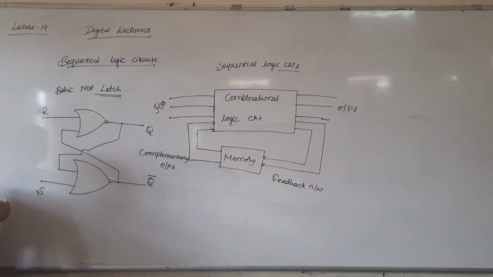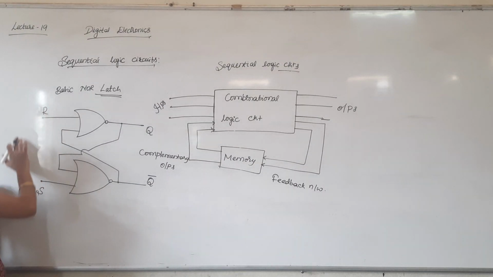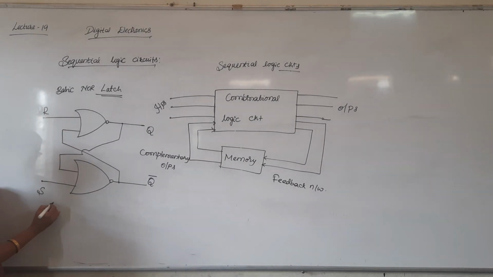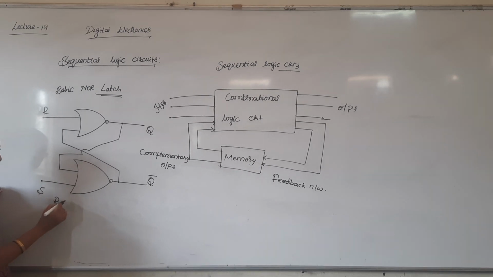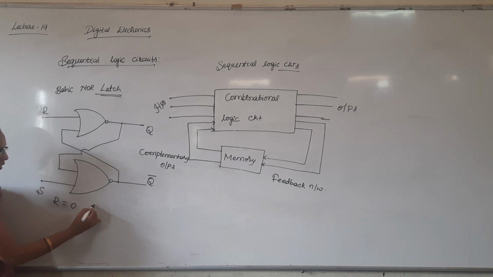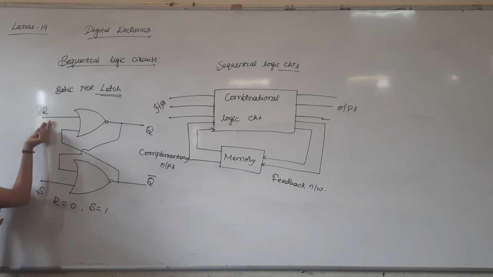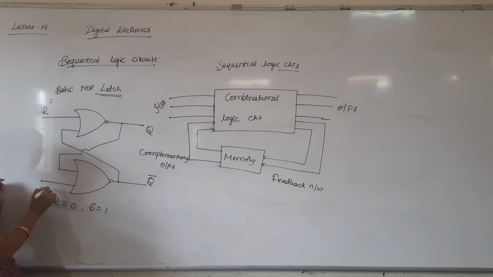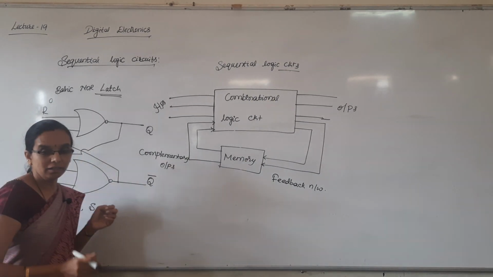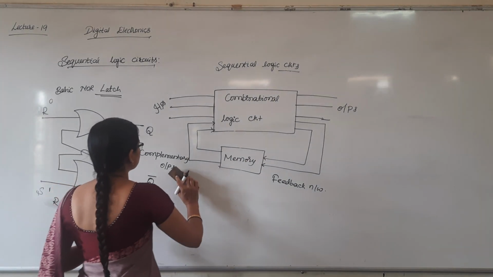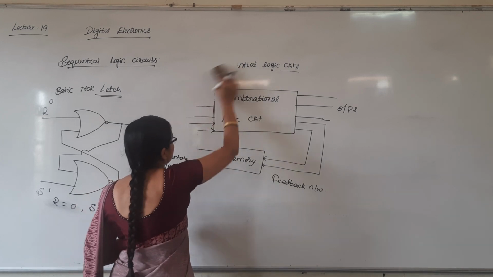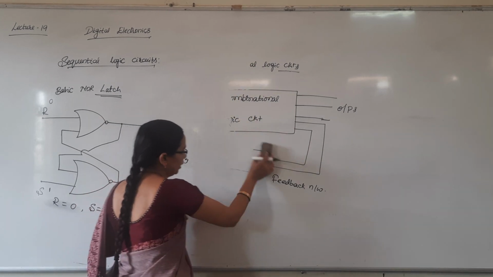For example, I will take R equal to 0 and S equal to 1. Before that, we will just draw the truth table of the NOR gate.